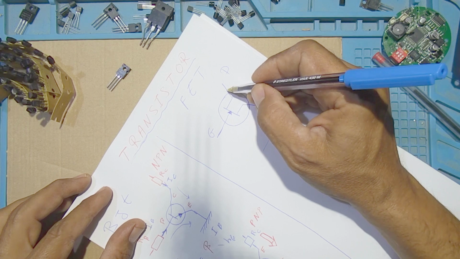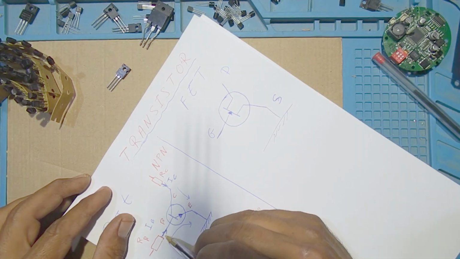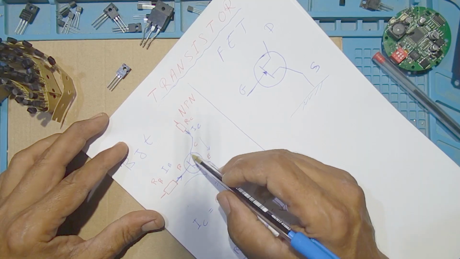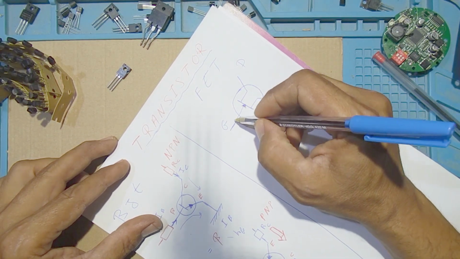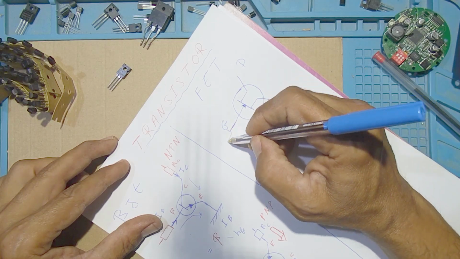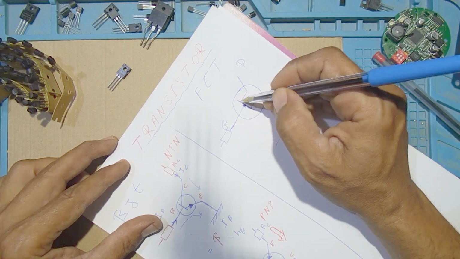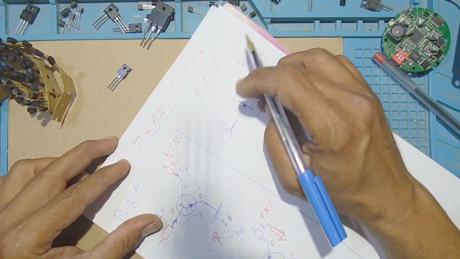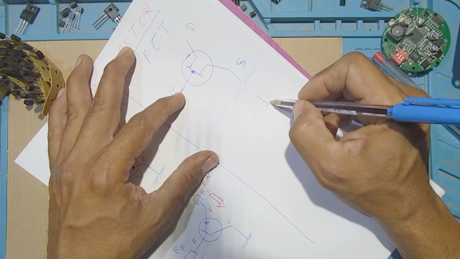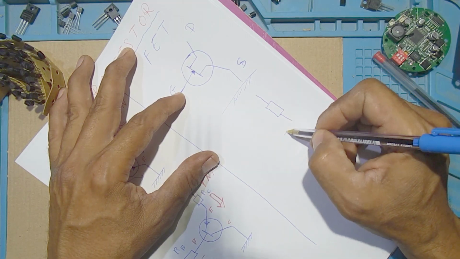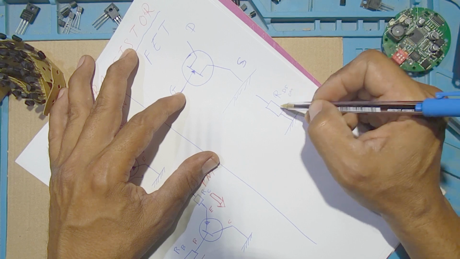This transistor has a high input impedance, so it doesn't need a flow of current as the bipolar transistor does. Only a small amount of charge is needed to make the transistor conductive. When it is conductive, it is equivalent to a small resistor called RDS on.